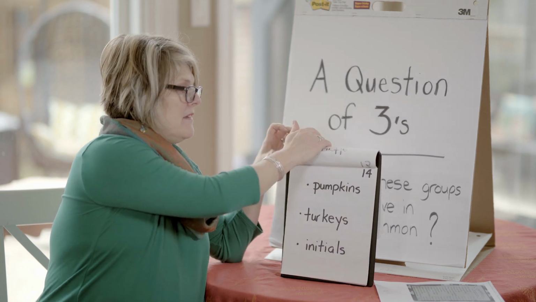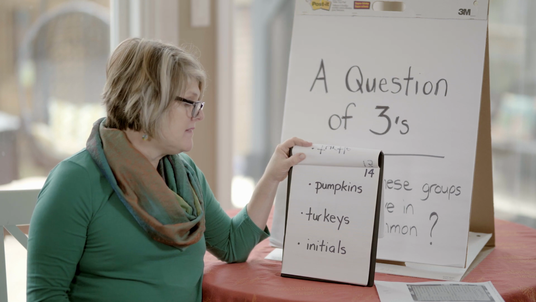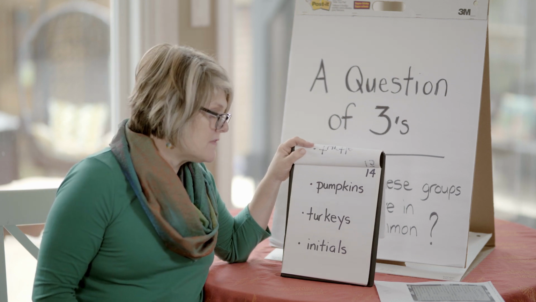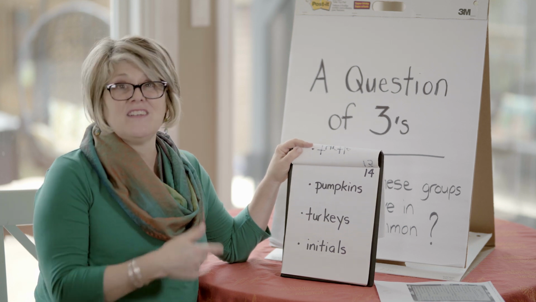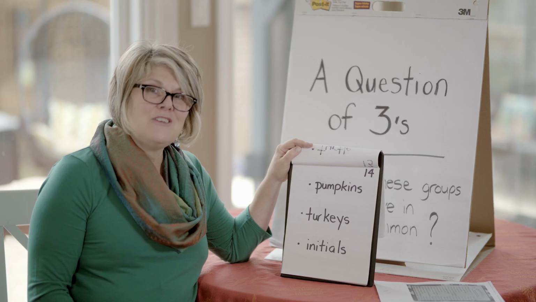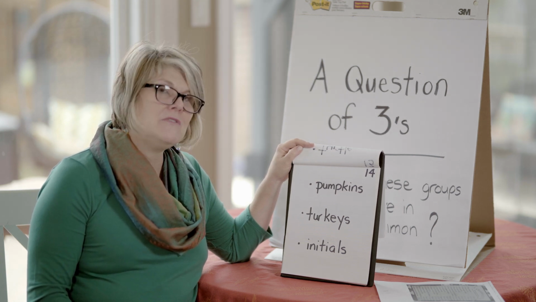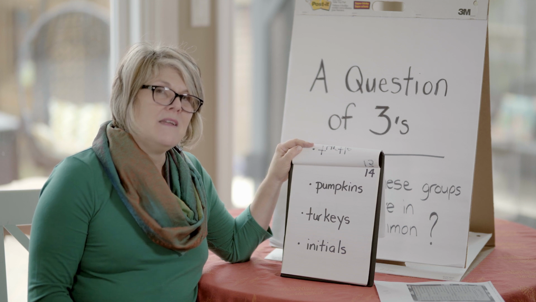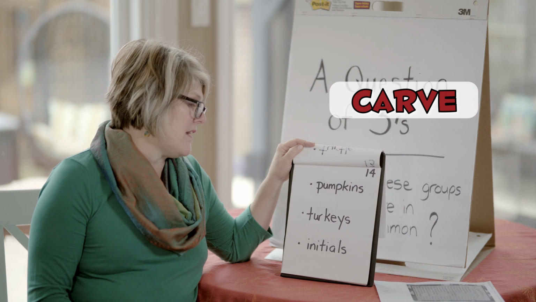All right, moving on. 14, pumpkins. Hope you're hanging in here with me. Pumpkins, turkeys, and initials. Okay, so I had to cheat at the answers. What do these have in common? Think about what you do to pumpkins at Halloween. You turn them into a jack-o'-lantern because you carve them.